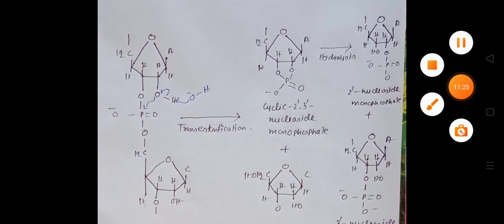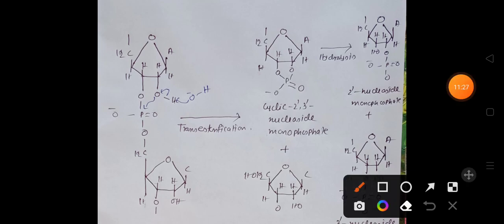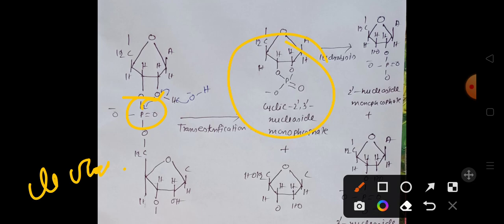If we discuss it again, hydroxide ion will come first, and it will attack the 2' OH group, right, generating a 2' alkoxide ion. Now this 2' alkoxide ion will attack the 3' phosphodiester group, leading to the cleavage of the phosphodiester bond and formation of cyclic 2' 3' nucleoside monophosphate and the rest of the RNA molecule.